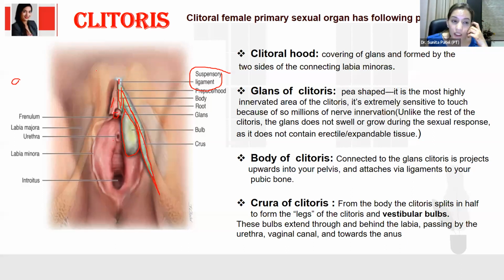And we have another thing, the round ligament, which also comes from the uterus. So altogether, suspensory ligament pain and round ligament pain can give pain during sex. We should always keep that in mind, that a female might have some kind of problem with the suspensory ligament, and that can cause pain at the pubic symphysis.